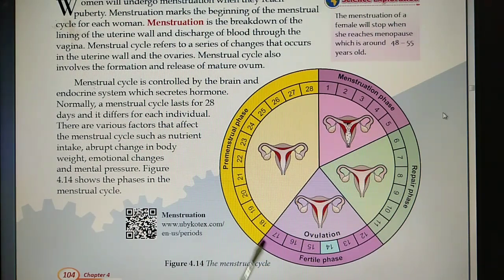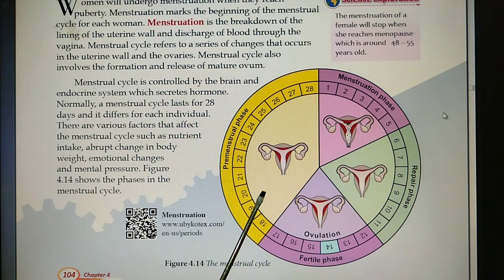So you must remember that the menstrual cycle is divided into 4 phases, and every phase has its own process that will be explained later. We will have to remember what exactly happens in each phase of this menstrual cycle.